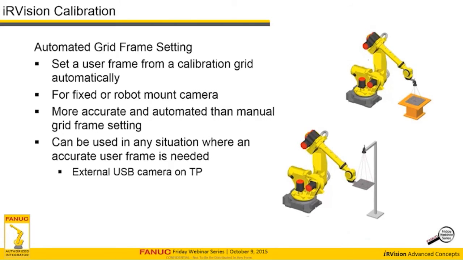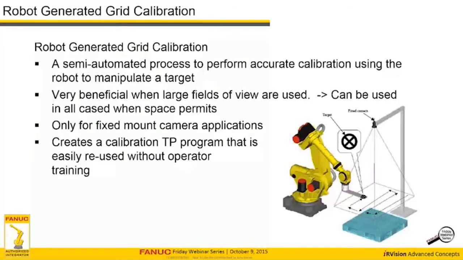Another automated process that's available in iRVision and provides some of the similar features that the IR calibration functions that we talked about do, is robot-generated grid calibration. This is a semi-automated process.